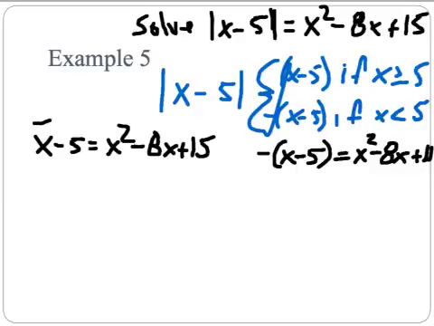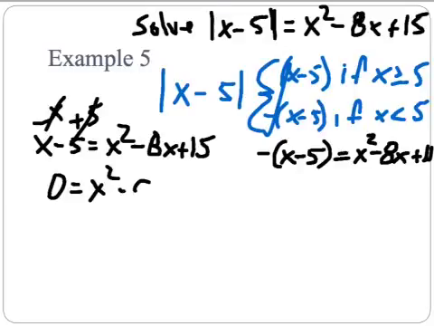Okay, so I'm going to subtract x next, add 5 to each side, and I'll get 0 equals x squared minus 9x plus 20. On this side, I'm going to do this all in one step here.